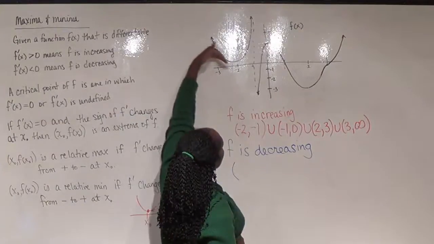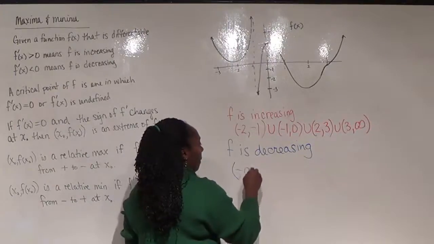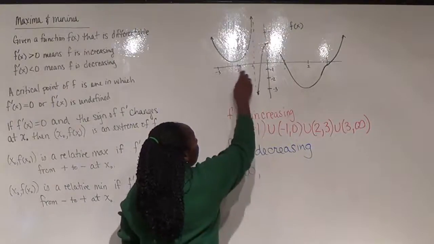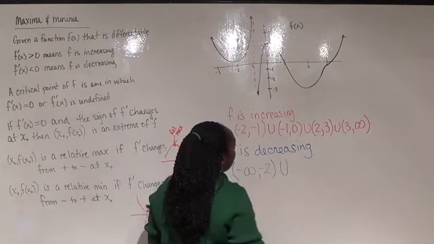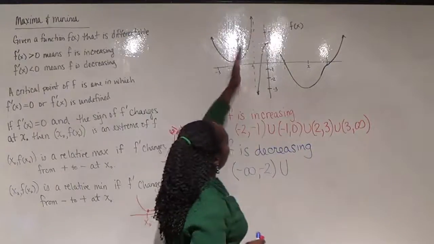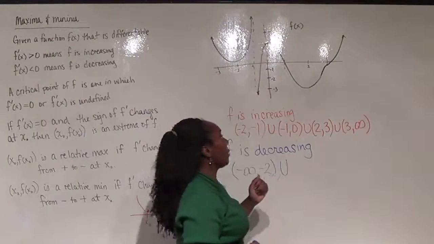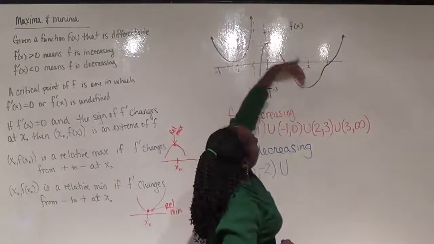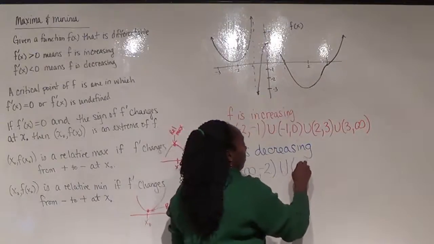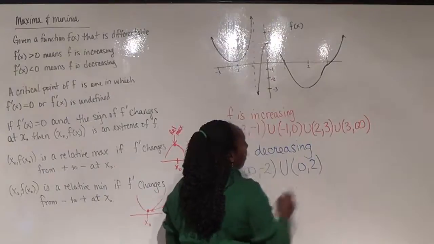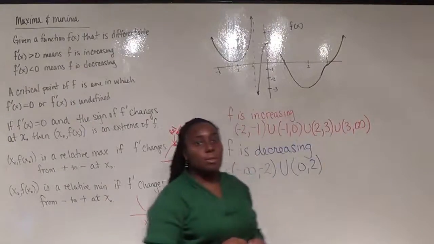And so here I can see coming in from negative infinity up to negative 2. From negative 2 to negative 1 and negative 1 to 0, we already know it's increasing. And then from 0 to 2, it is decreasing. And then after that, it's increasing again.